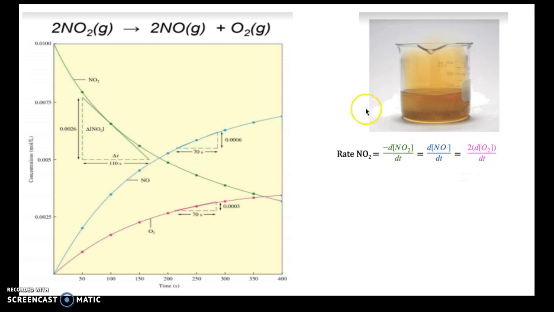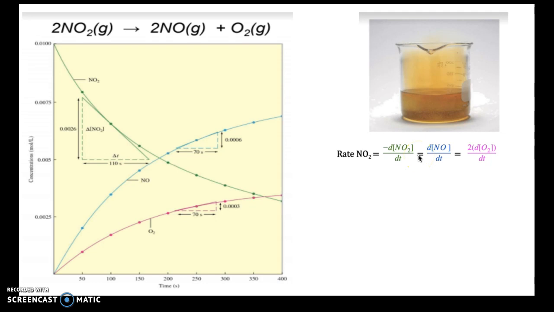But for O2, since it has a coefficient of 1, it's going to be half the rate of NO2, and to make up for that, we multiply it by 2. And this was just, again, if we wanted to get the rate of NO2 and set it equivalent to the rate of the other species in the reaction.